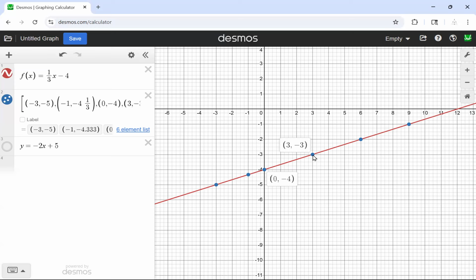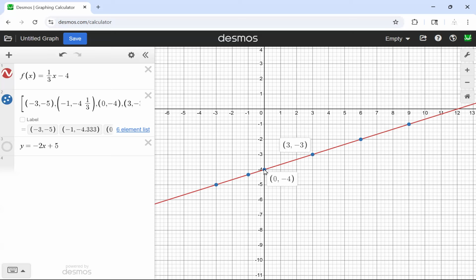And I want you to notice how my graph changes from 0, -4 to 3, -3. If I want to travel from 0, -4 to 3, -3, I would say we need to go up one value in y and right over 3 values in x.